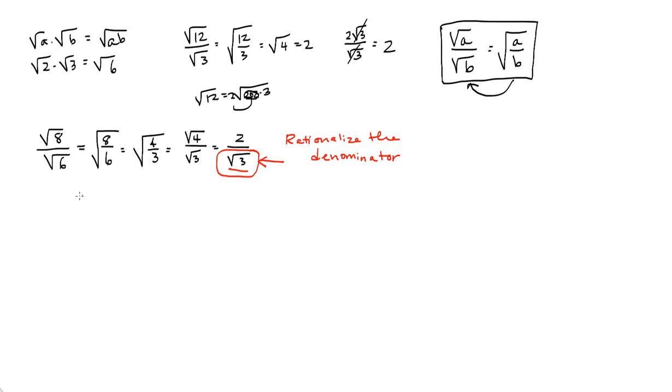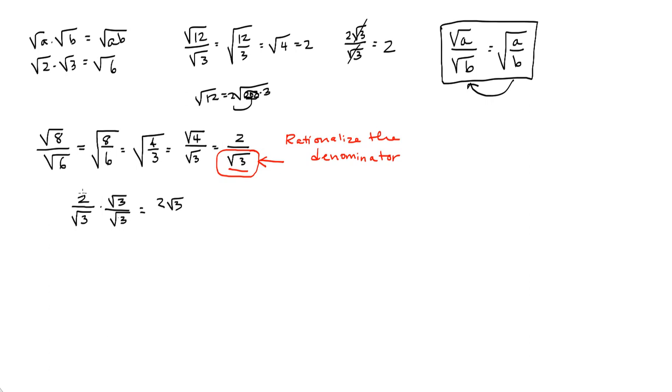When we rationalize a denominator, all we do is we multiply the top and the bottom of the fraction by whatever radical is in the denominator. Once again, multiply the top and bottom of the fraction by whatever radical is in the denominator. 2 times radical 3 is 2 radical 3.